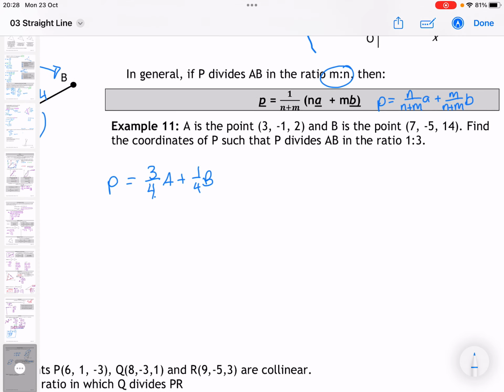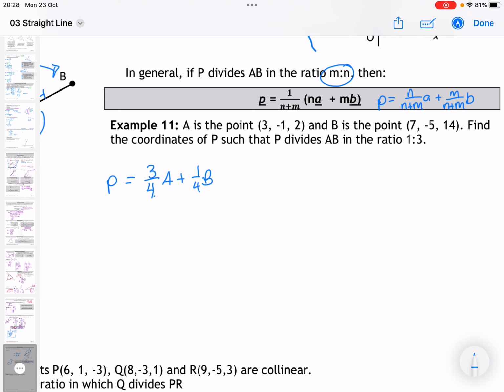Okay? So if you're working this out, there's your A, there's your B. So it's 3/4 of A, which is 3 minus 1, 2, plus 1/4 B, which is 7 minus 5, 14.